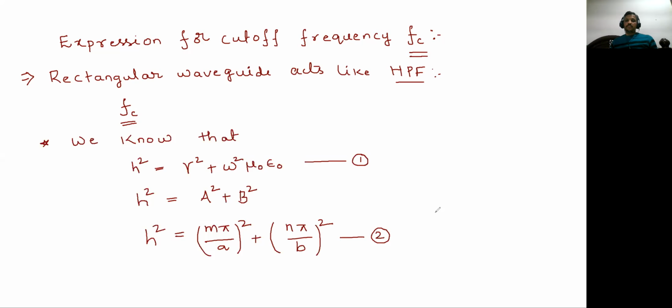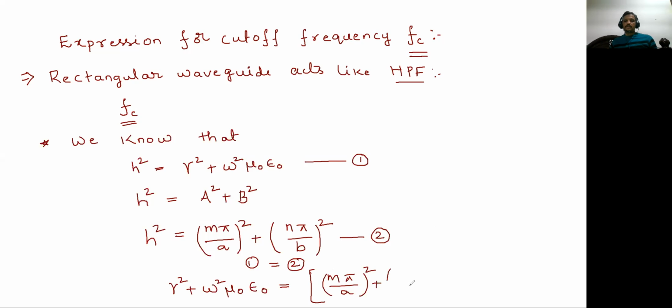Now equating equations 1 and 2, because both are expressions for h square, we can say gamma square plus omega square mu naught epsilon naught is equal to m pi by a whole square plus n pi by b whole square. This is the third equation.